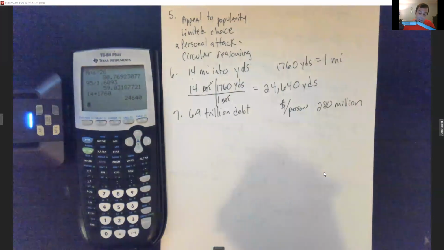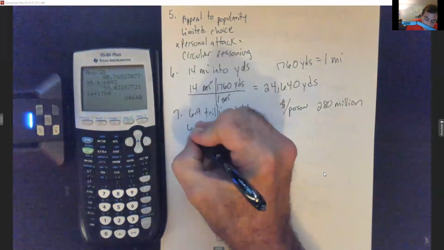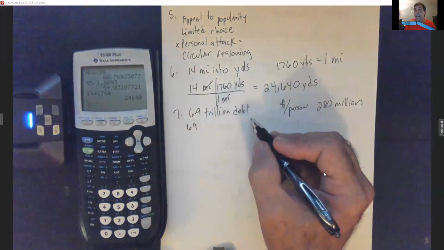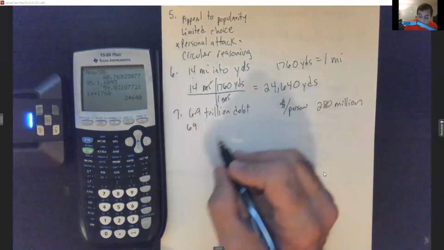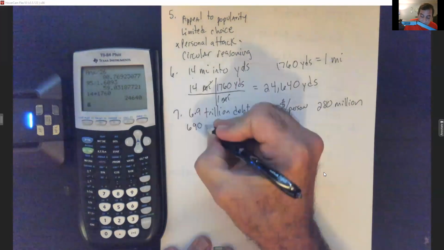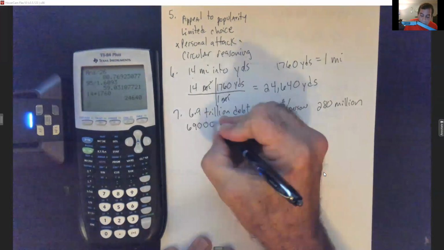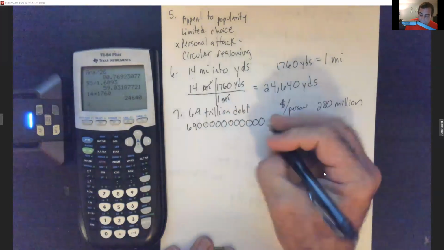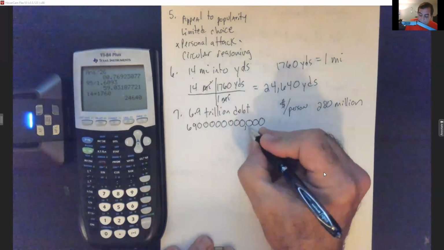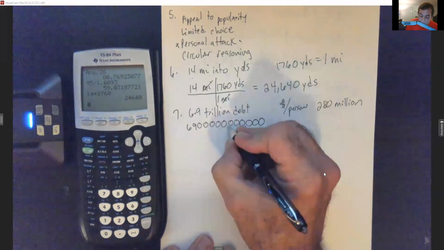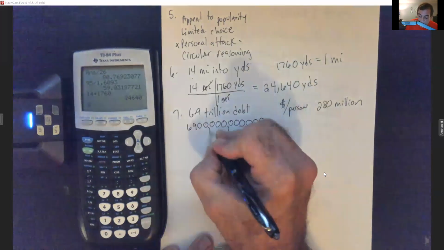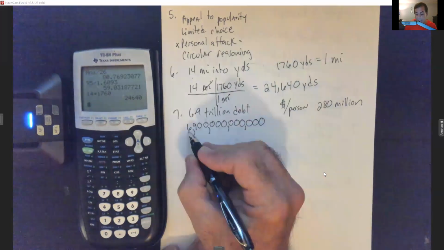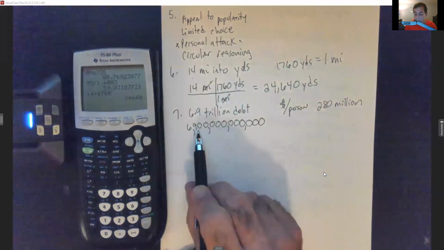Now, the thing you could do is write 6.9 trillion as a regular number. So watch this. Okay, so 3 zeros for my hundreds places, 3 for my thousands, 3 for my millions, 3 for my billions, and then here's my 6. So this would be 6.9 trillion.